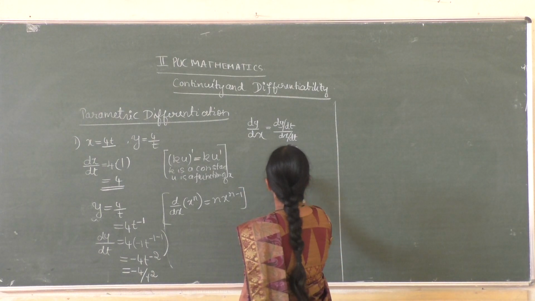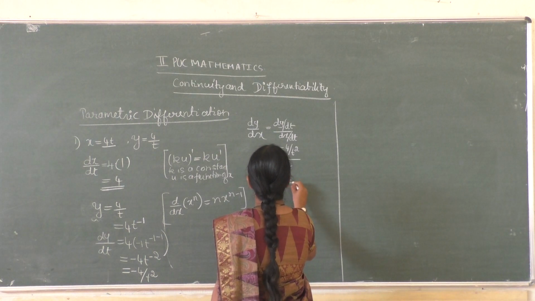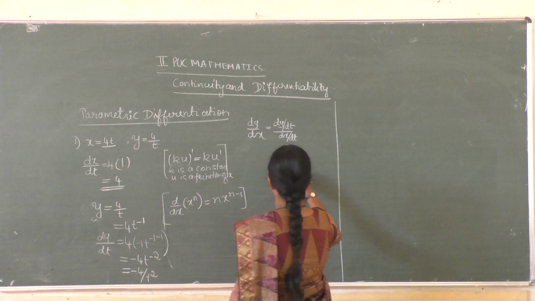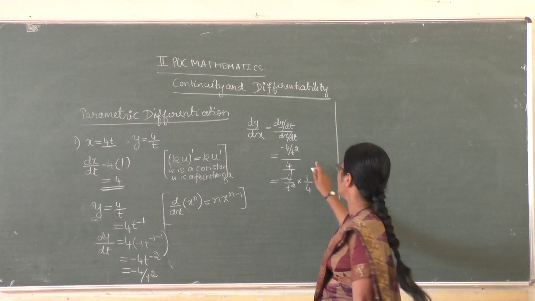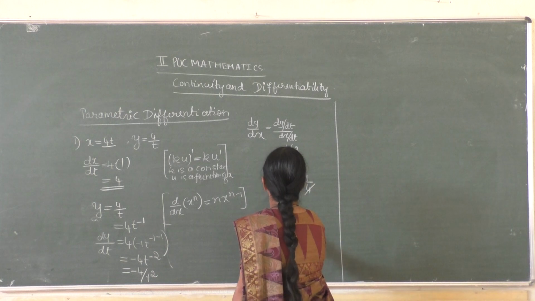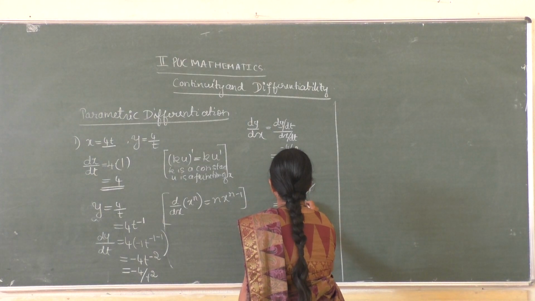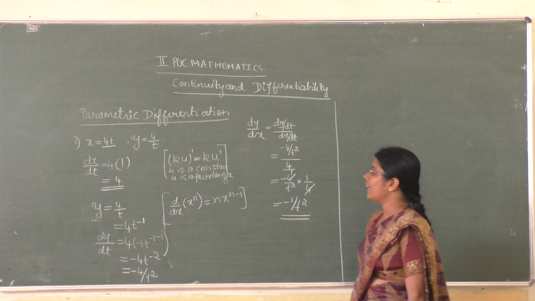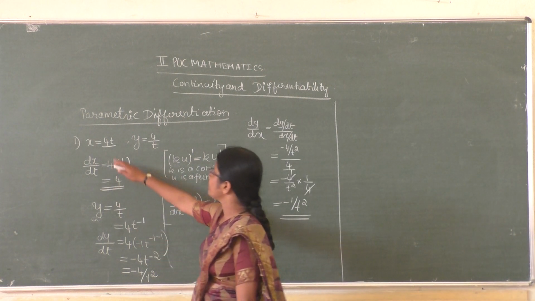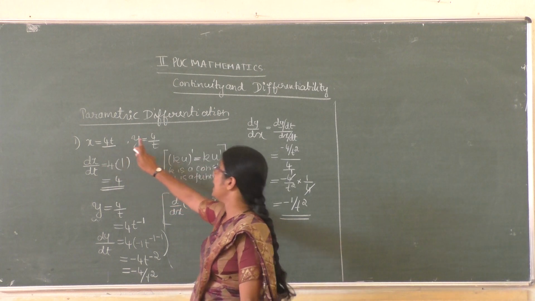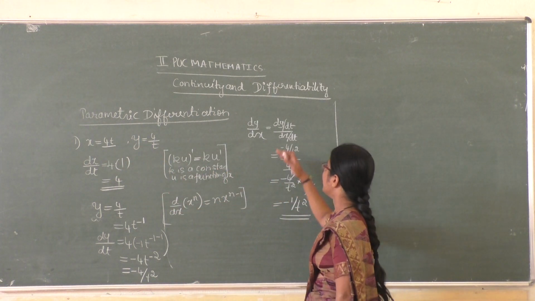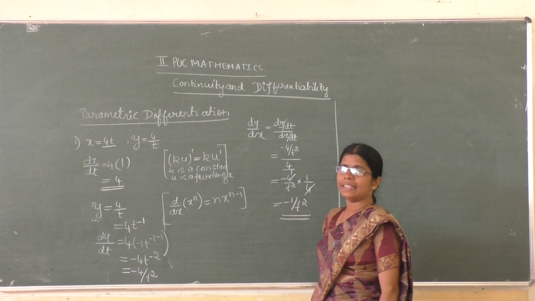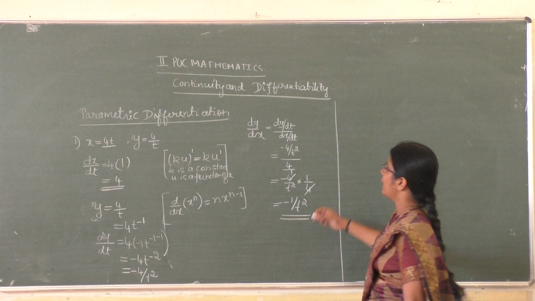So this becomes minus 4 by t square into 1 by 4, and we get the answer minus 1 by t square. So the derivative of the function x is equal to 4t and y is equal to 4 by t is minus 1 by t square. Okay, next problem.